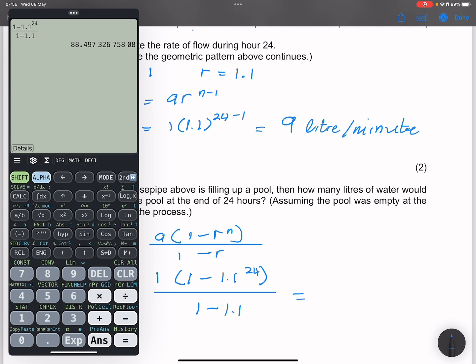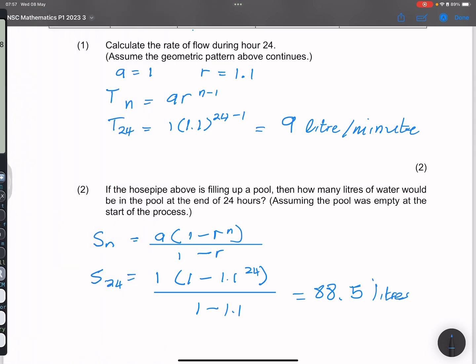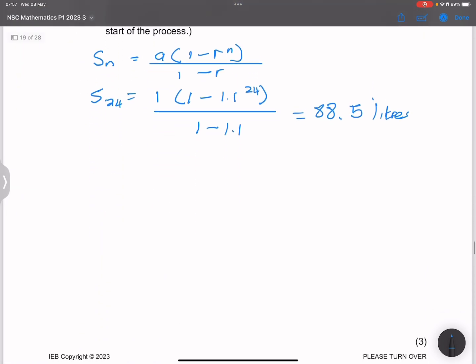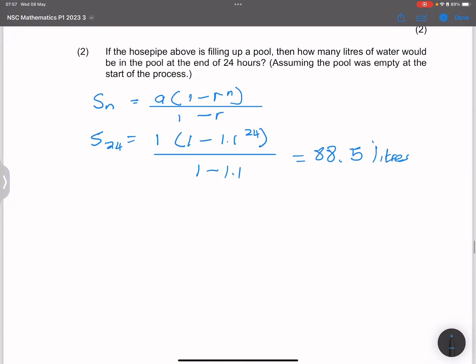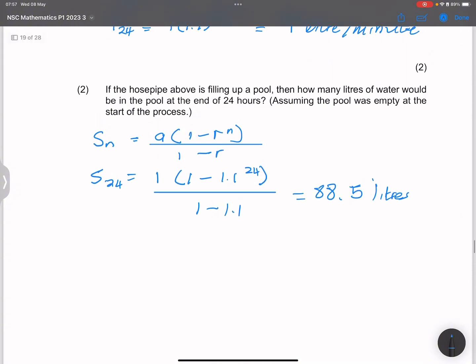So we're saying this is going to be 88.5 liters. That gives us 88.5 liters in 24 hours. That would have filled the pool.